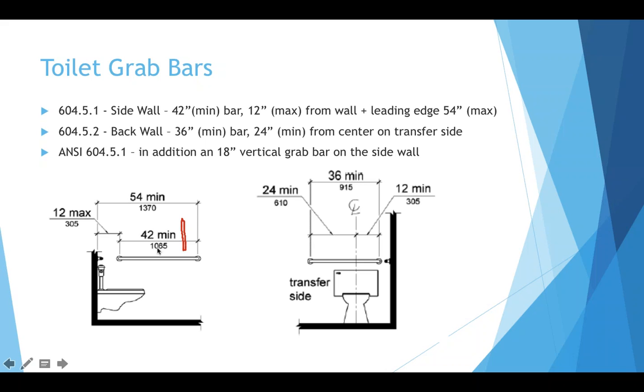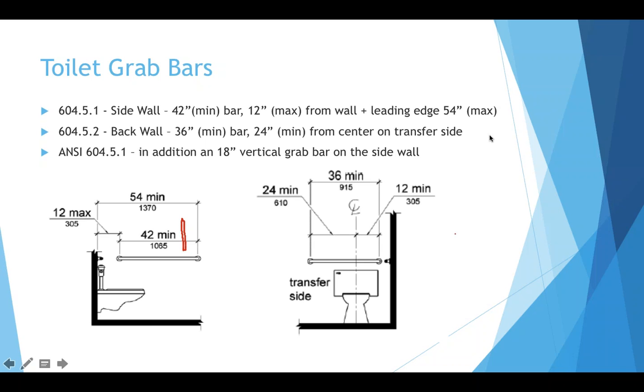So even though ADA doesn't require it, this grab bar is required. And that grab bar is really designed for someone that's either on crutches or has some ambulatory issues where stooping, getting up, getting down is difficult. That's the intent of that grab bar. It's out there right in front of them. They can grab it and it lets them finish standing up. So that's the importance of that grab bar.